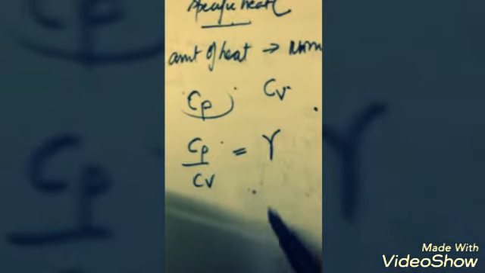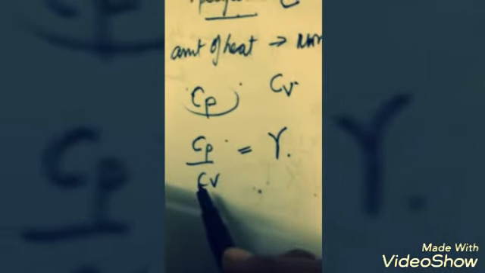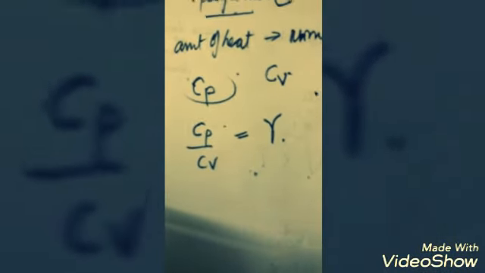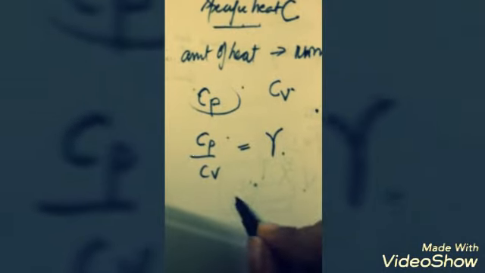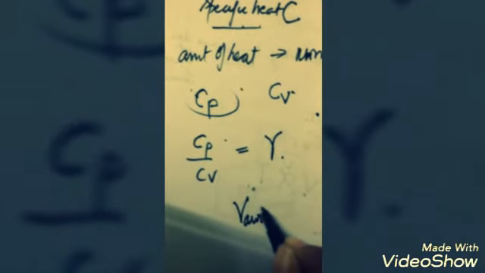The ratio of specific heats, that is Cp by Cv, is given by the letter gamma. So gamma is equal to Cp by Cv. For air, the value of gamma is equal to 1.4.